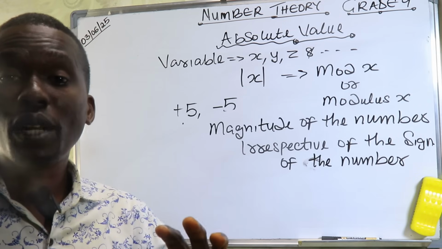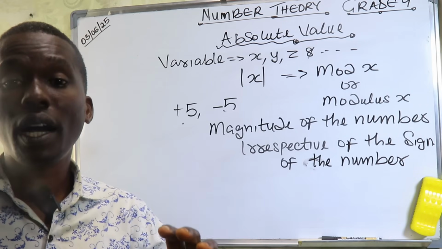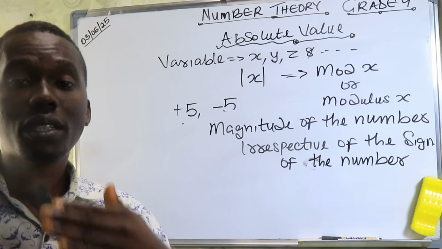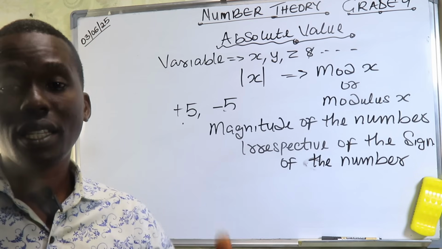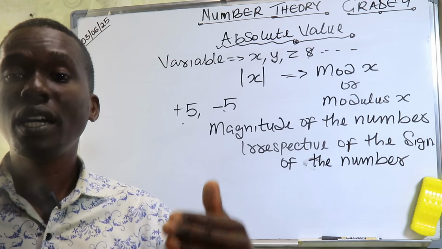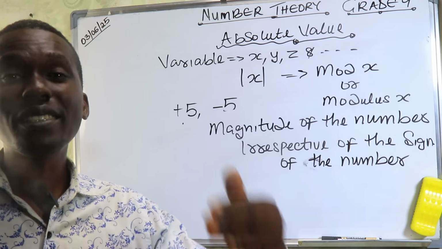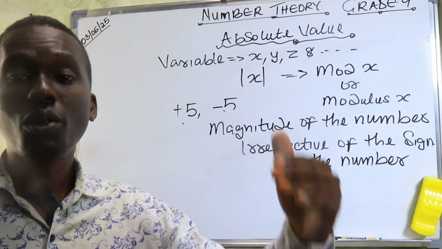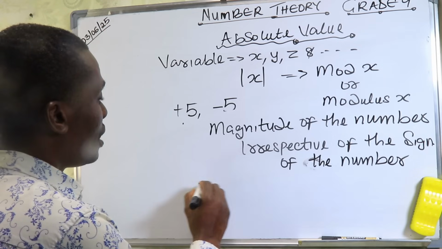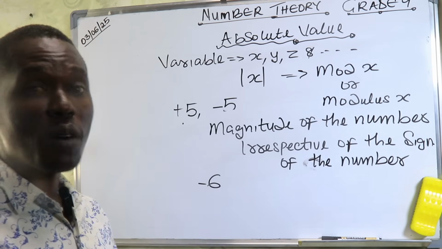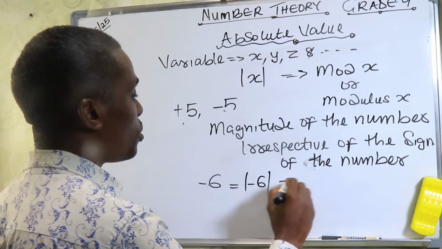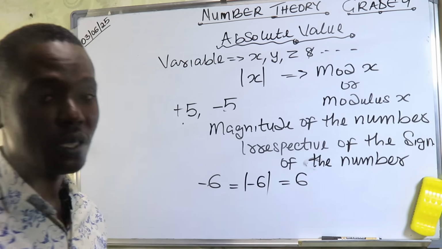So the absolute value of any positive number is the number itself, irrespective of the sign that number is carrying. Now, the absolute value of any negative number is the magnitude of that number without the negative sign. So if I have -6 and I'm asked to take the absolute value of -6, this will simply give me what? 6.